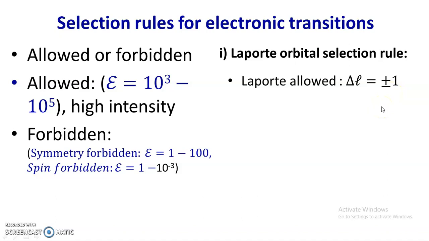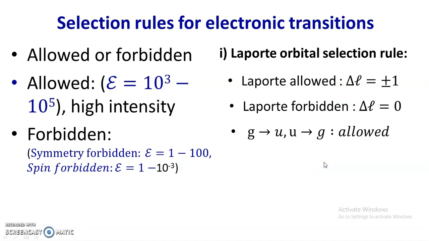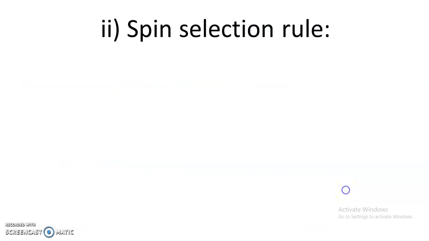And the transitions with delta L equal to 0 are Laporte forbidden transitions. Another important thing is that transitions from gerade to ungerade or ungerade to gerade orbitals are Laporte allowed, whereas transitions involving gerade to gerade or ungerade to ungerade are forbidden. So this is about the Laporte orbital selection rule.